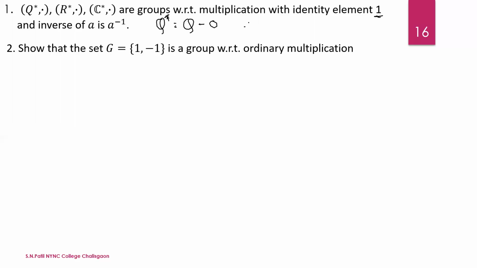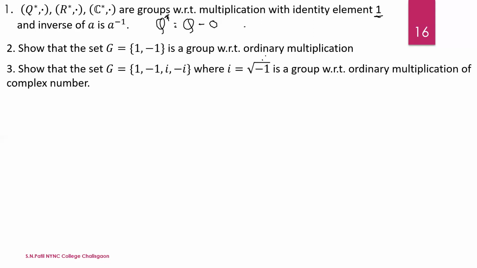Okay. Now next, in the previous examples, all were related to addition. Now we discuss where the operation is multiplication. The second example: the set G = {1, -1} is a group with respect to ordinary multiplication. Now the third: show that the set G = {1, -1, i, -i}, where i is under root minus 1, is a group with respect to ordinary multiplication of complex numbers.